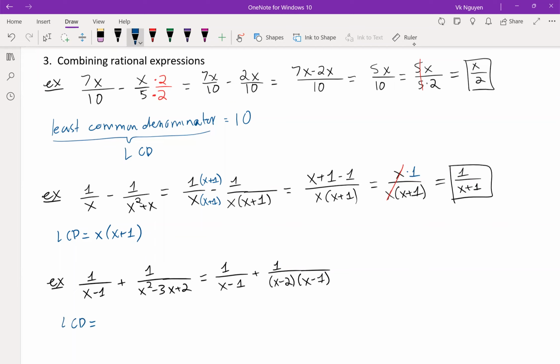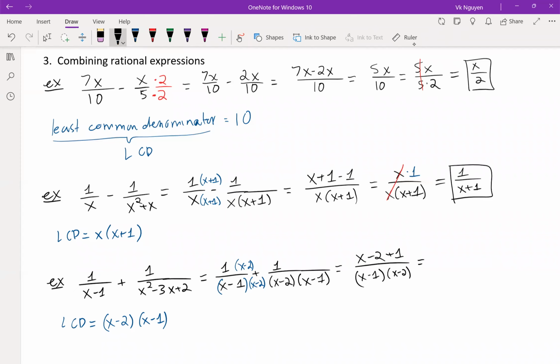LCD here is x minus 2 times x minus 1. This tells us to multiply the first fraction or rational expression by x minus 2 over x minus 2. Distribute 1, get x minus 2 plus 1 over x minus 1 times x minus 2.